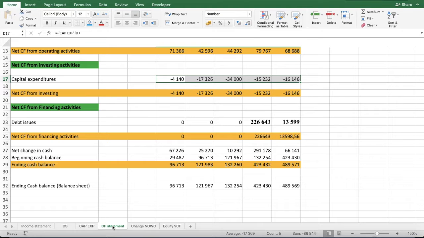Now the challenge is how to use these financial plans in order to find the equity value of the startup, because as you might know, a startup is still not listed on the stock market, which means that the share is not traded publicly, which means that we do not know how much the share or the stock of the company is worth.